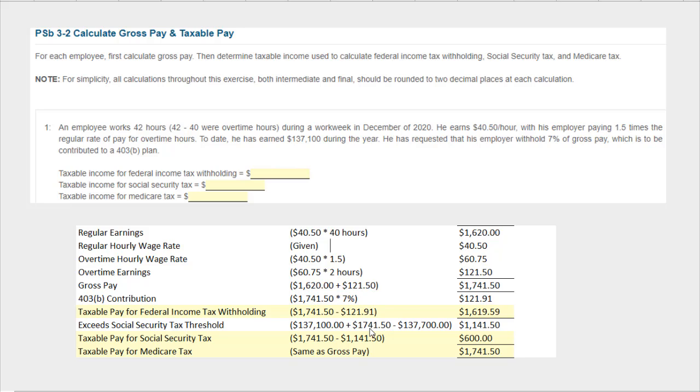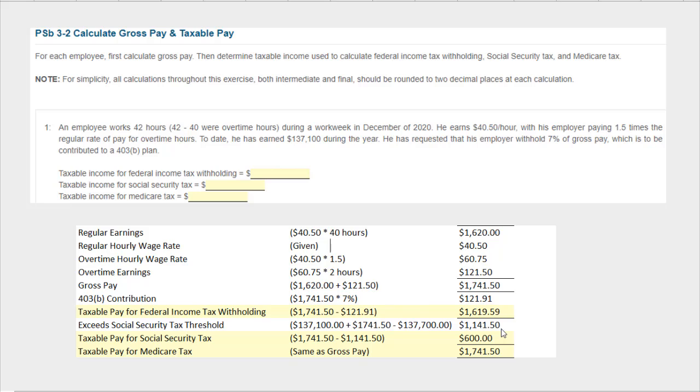And we compare that to the threshold. So we subtract the threshold, which is 137,700. That's the wage threshold. And so this number plus this number, the total pay up to now, minus the threshold. And we have exceeded the threshold by this much, $1,141.50.